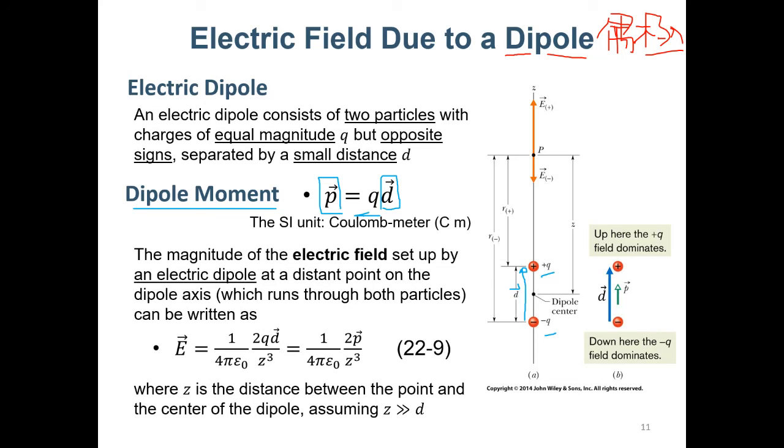So the magnitude of the E field set up by an electric dipole at a distance point on the dipole axis, which runs through both particles, can be written like this. We'll derive it in the next page.